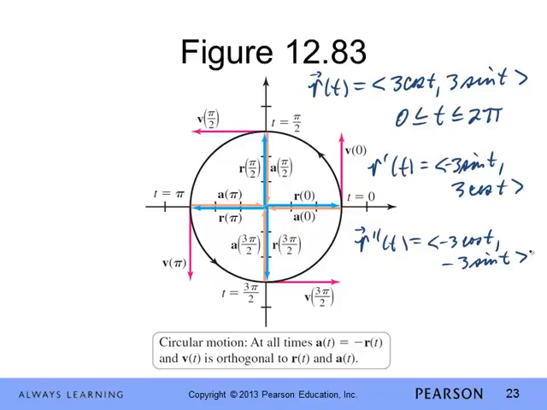If you evaluate r double prime, which is a of t, at t equals 0, pi over 2, pi, 3 pi over 2, you get these yellow vectors, and they all happen to be pointing inward toward the center, in this case. Which should make sense, because this circle is always bending to the left. So that implies that there's some sort of force that's pushing it always inward.